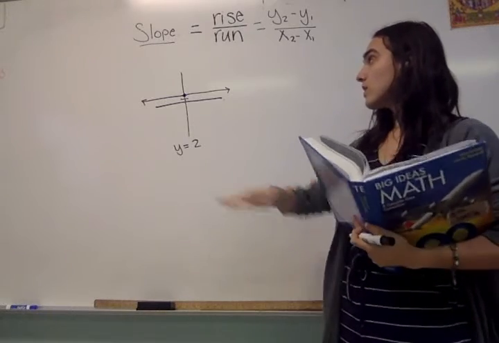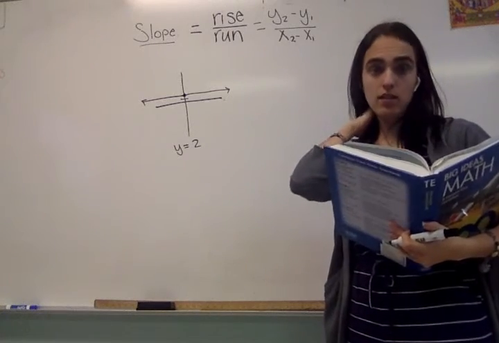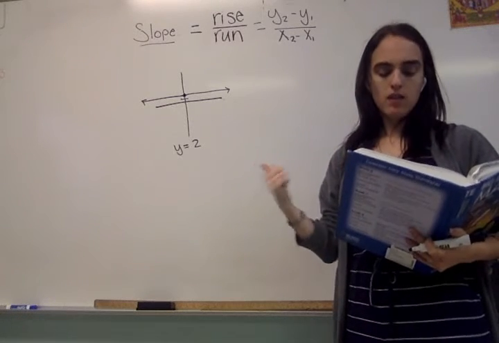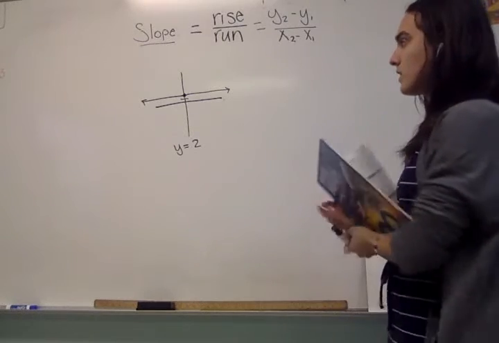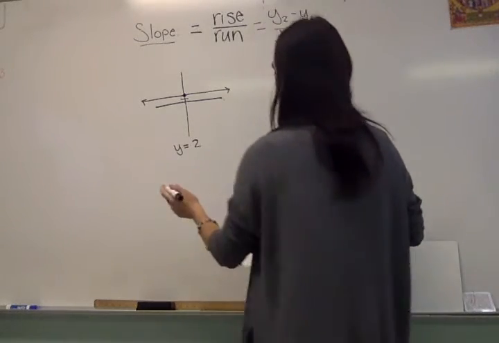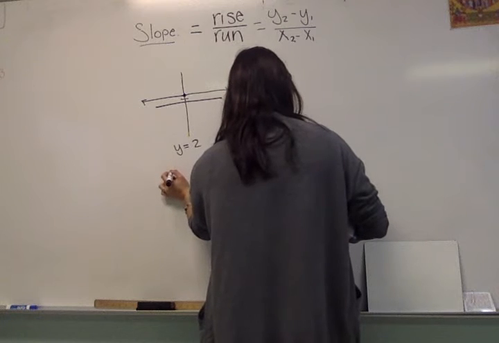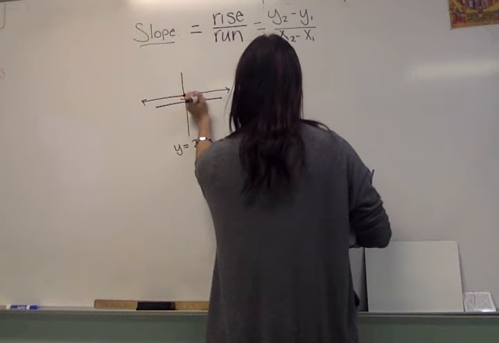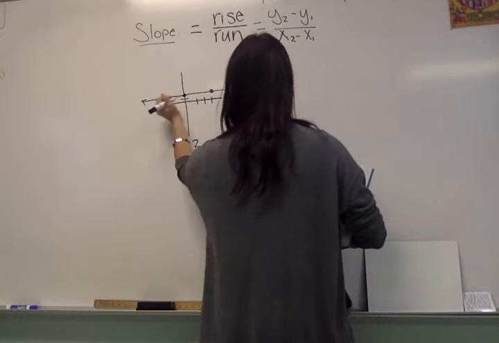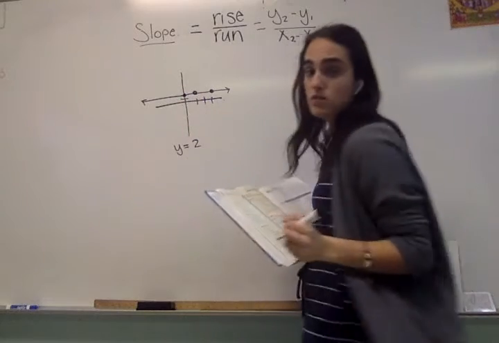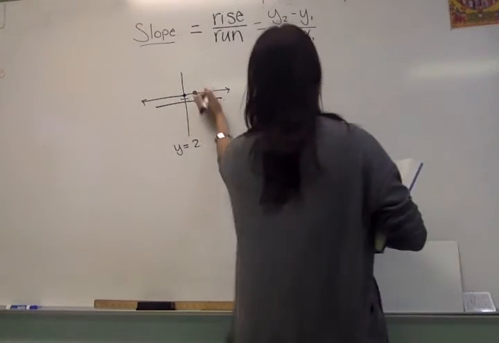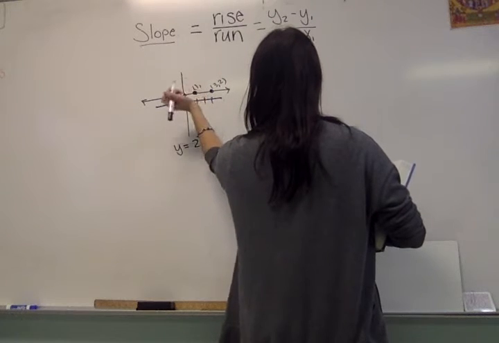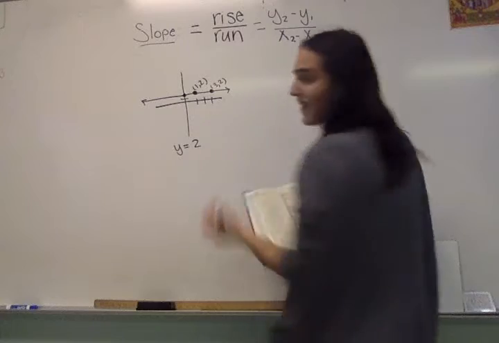This line does have a slope. So if we think about this, we would take our y's over our x's. So let's pick a point, and let's pick another point, and we want to find the slope between these 2 points. Now this point would be 3, 2, and this point would be 1, 2.